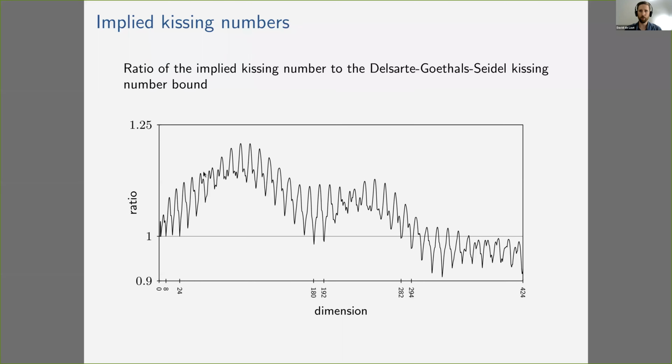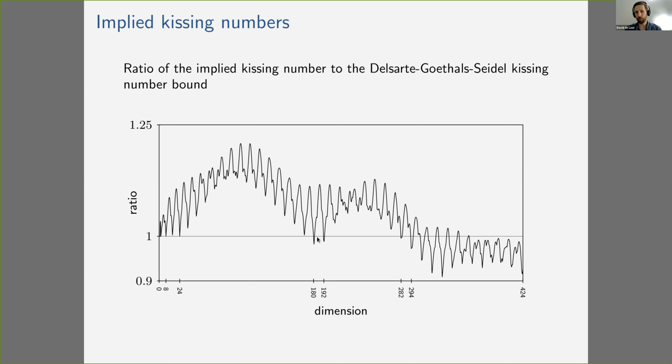So this is the ratio of the implied kissing number to the Delsarte-Goethals-Seidel kissing number upper bound. And then you see, okay, in 2, 8, and 24 dimensions, these numbers must be equal, which is indeed what happens. And then for many dimensions, the kissing number bound is better, which means you can improve on the Cohn-Elkies bound.